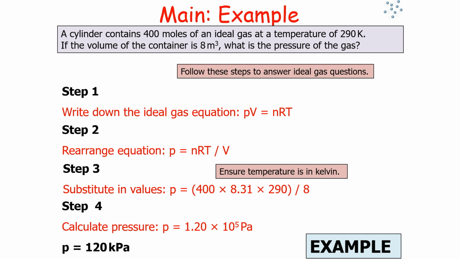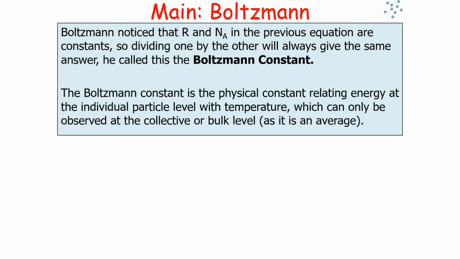Now it's also important to notice that a scientist called Ludwig Boltzmann noticed that R and Na, which were given in our previous equation of PV is equal to nRT over Na, are both constants, so dividing one by the other will always give the same value, which he called the Boltzmann constant.